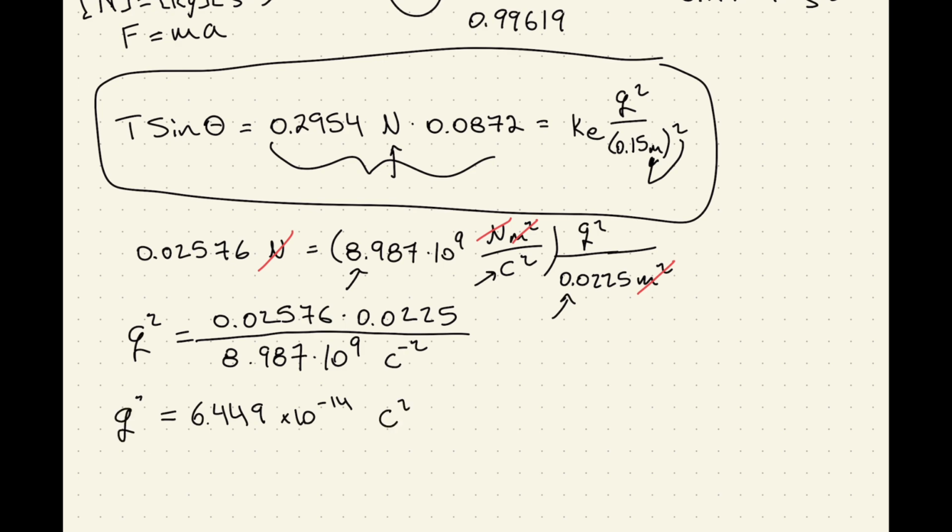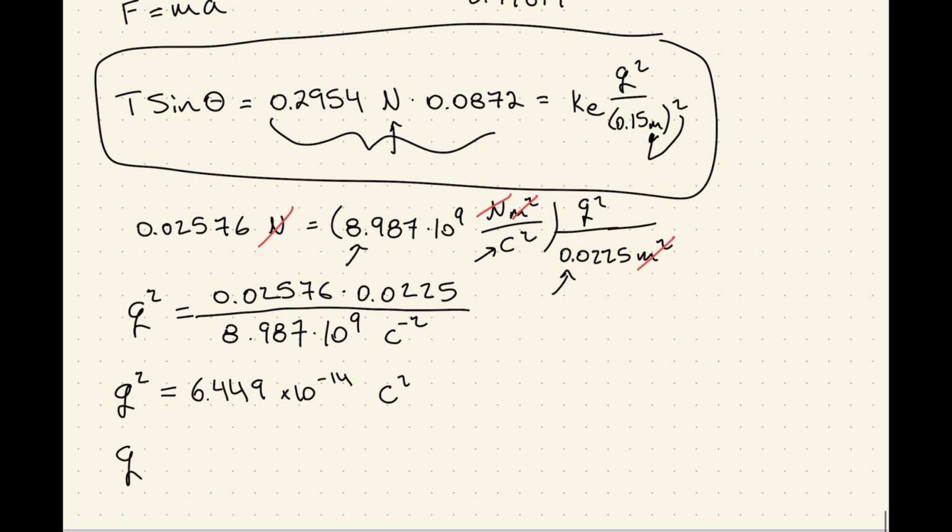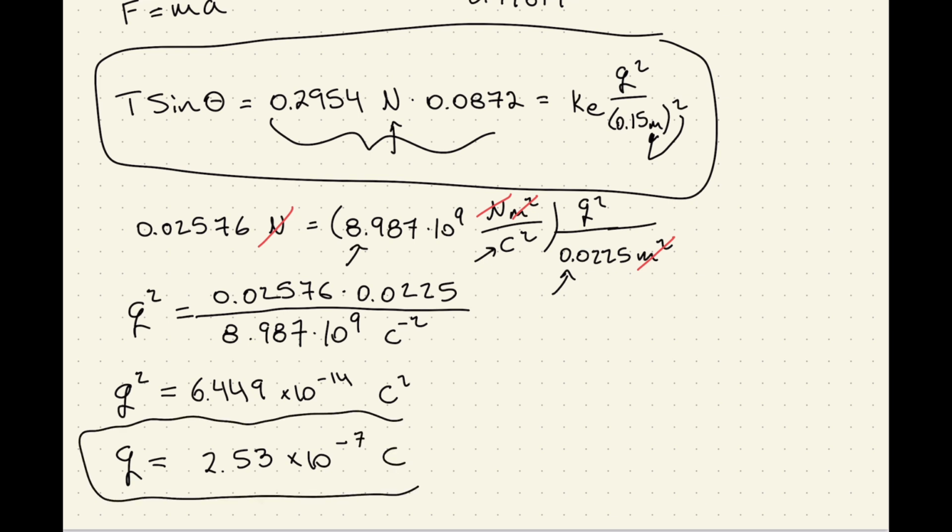Remember, this is Q squared. Square root both sides to get Q. Square root this number, and we get 2.53 times 10 to the minus 7. Let me write that a little better. Coulombs. 2.53 times 10 to the -7 coulombs.